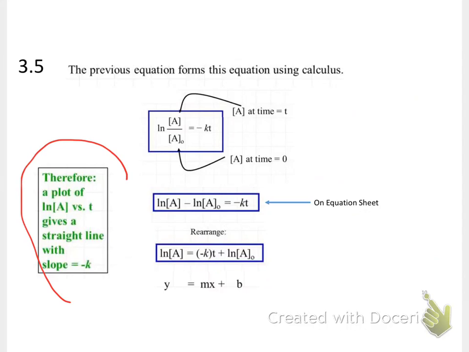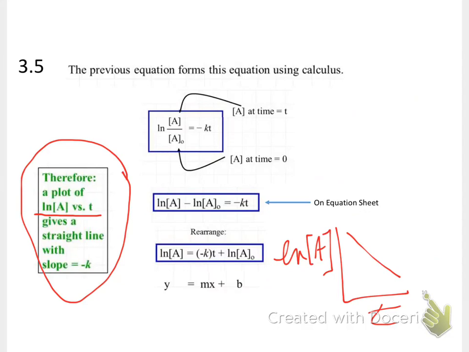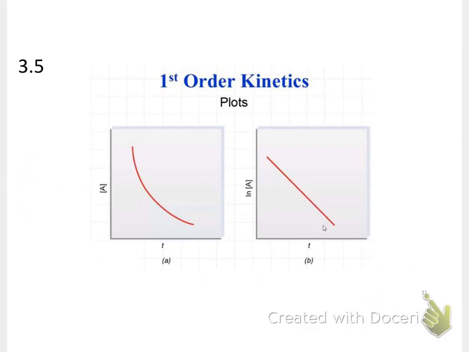The other thing that's useful is now I know that a plot of the log of the concentration of A versus time gives a straight line with a slope of minus k. So now I know that a first order reaction, if I plot log of A versus time, is going to give me a straight line with a negative slope, and the negative of that slope is going to be my k.